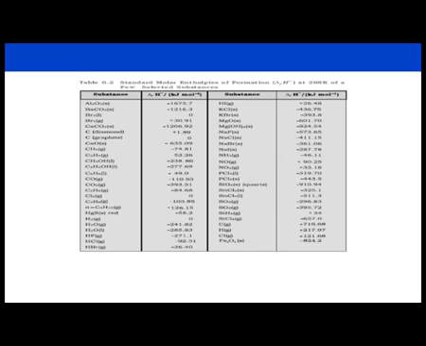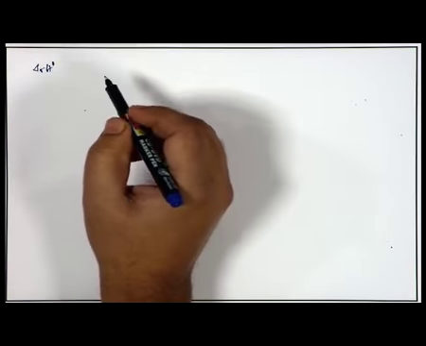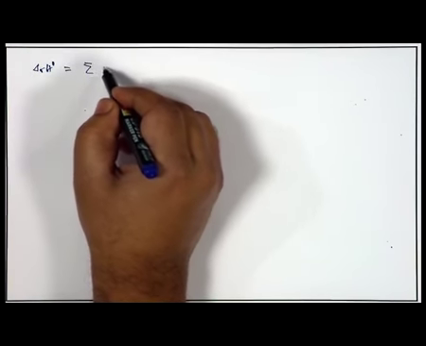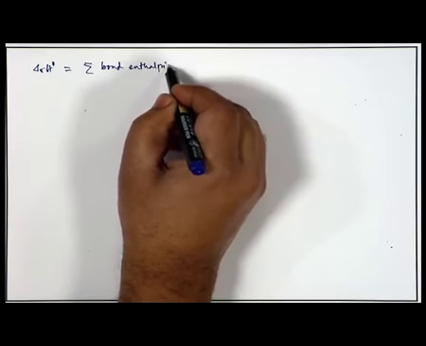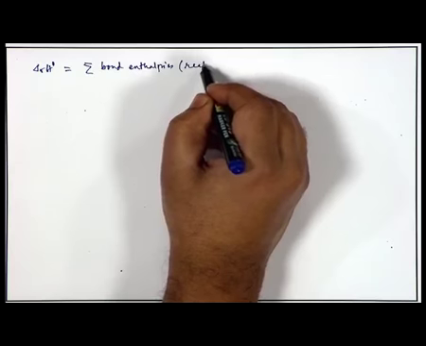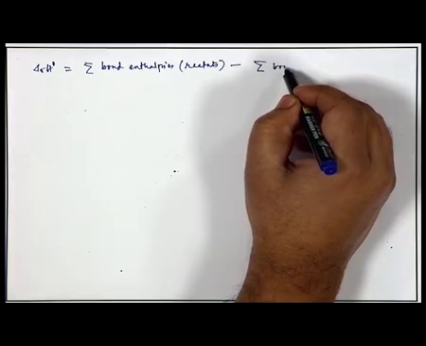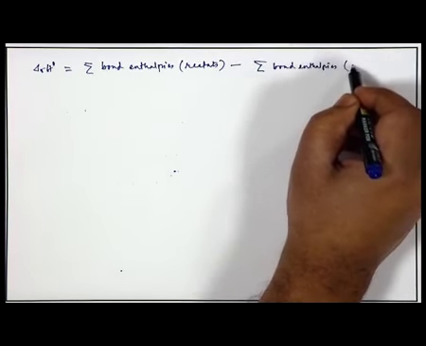Sometimes, for gaseous reactions, if you do not have the values for the enthalpy of formation, you can get the standard enthalpy of reaction from bond enthalpies: the summation of bond enthalpies of reactants minus the total bond enthalpies of products.